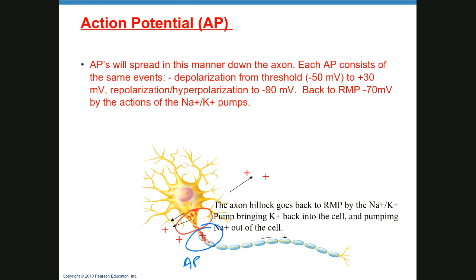When the action potential begins to diminish at that portion, by then positive charges will have traveled to the adjacent portion, and an action potential would begin at the adjacent portion, and so on and so forth. So action potentials begin to spread down the axon.